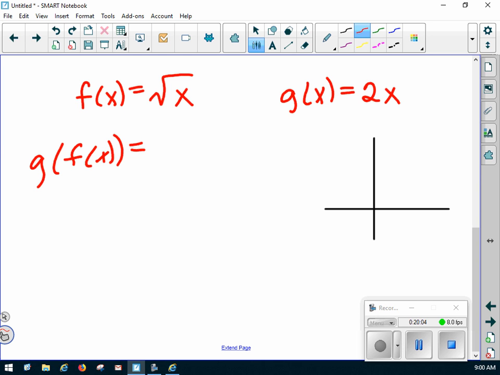So I want you to write like this, g of square root of x. Good. So in g, what gets booted out? X gets booted out, and what gets put in its place? Square root x. So what's that going to look like? 2 square root of x. Good.